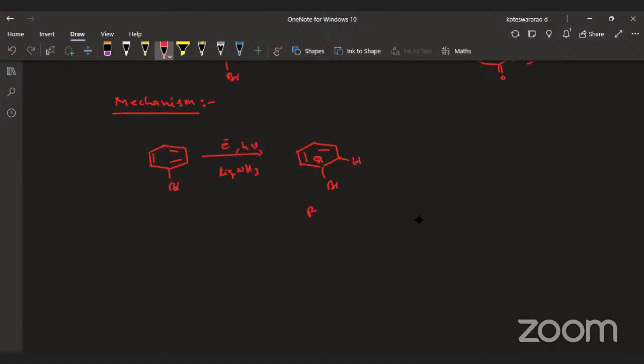This is the radical anion. This radical anion undergoes loss of the bromide ion, leading to the formation of the benzene radical.